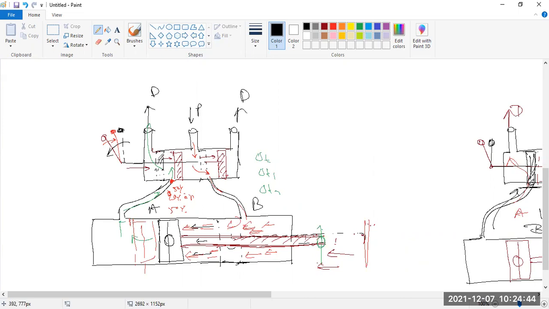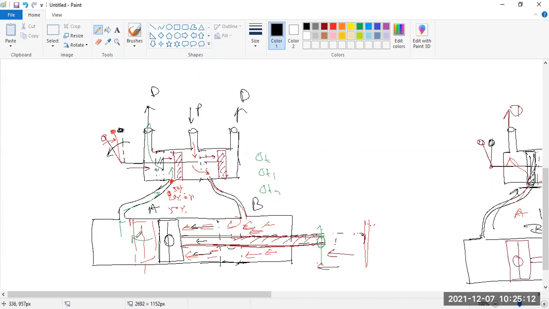So from this initial point, it was your initial point, and now it is coming here. So you can see this A is connected to this drain, and B is connected with this P. So now P tries to inject fluid into the chamber of B. Then the chamber of B is exerted by this pressure, and it will create pressure on this piston.